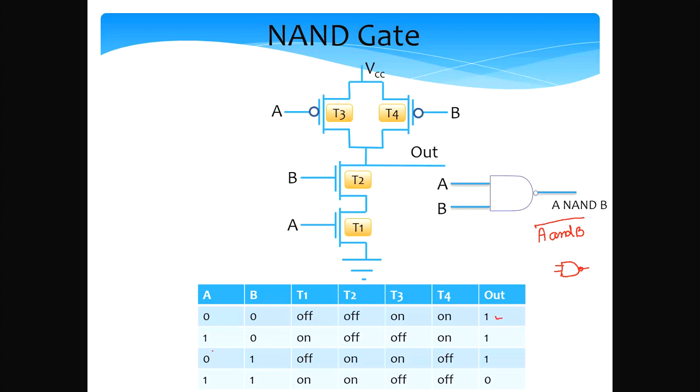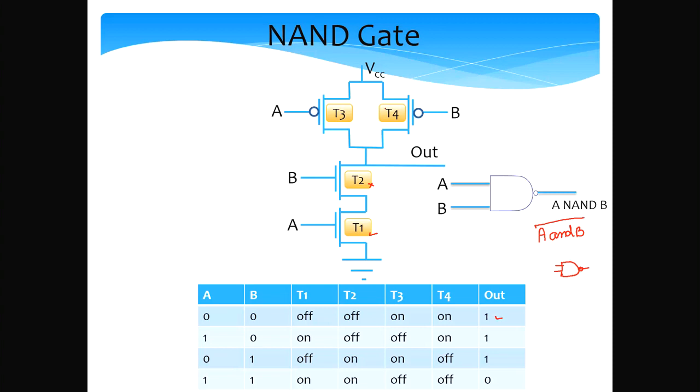Let's consider the case where A is 1 and B is 0. If A is 1, then transistor T1 is conducting, but transistor T2 is off. As we mentioned in the last slide, when two transistors are connected in series, if one of them is turned off, current is not going to flow via that line. So we can assume that the output terminal is disconnected from the ground. But let's take a look at T3 and T4. That's more interesting. Since A is 1, T3 is turned off.